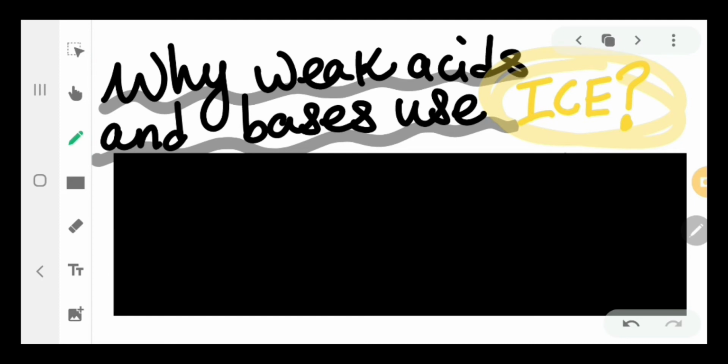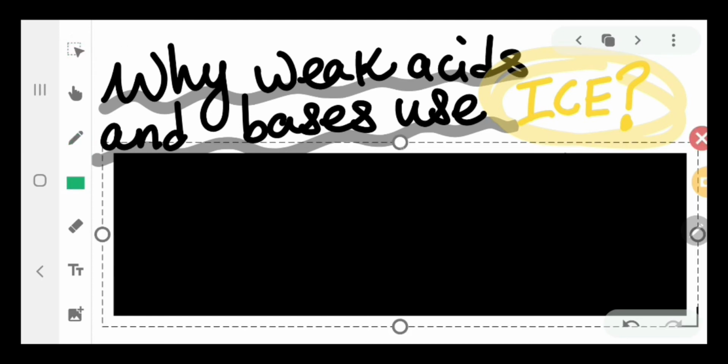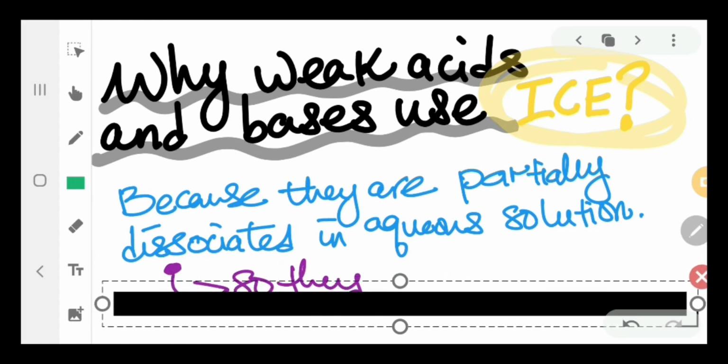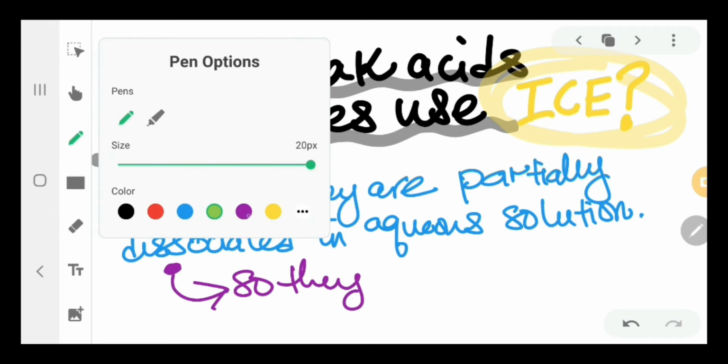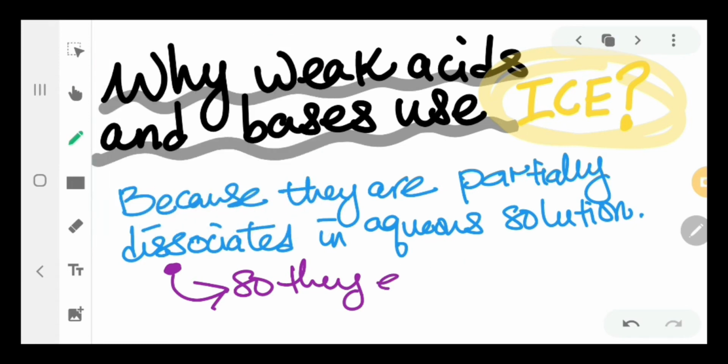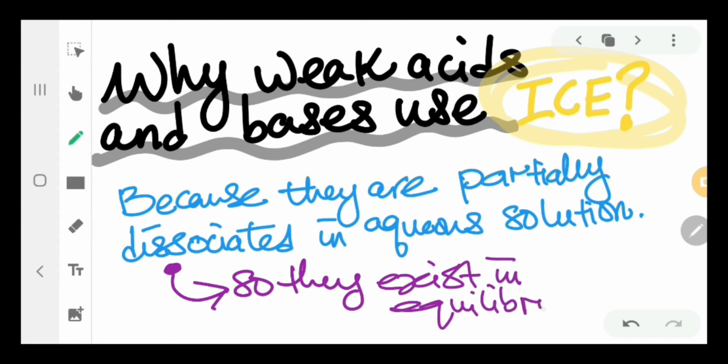Why do weak acids and bases use ICE? We have talked about this just now, because they are partially dissociated in aqueous solution, so you would expect that we're going to use this reversible arrow in your balanced equation.